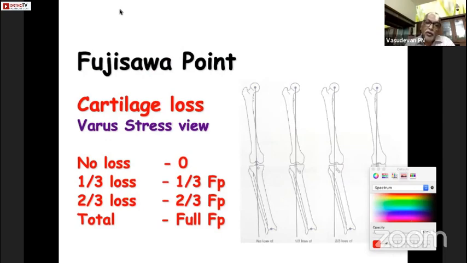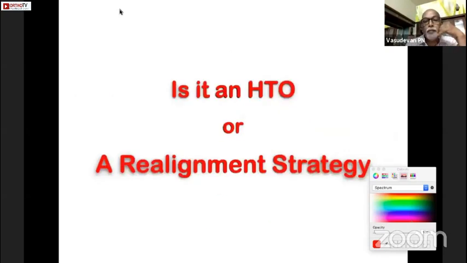When you don't have any loss, the cartilage is very good, you take it to the center of the knee joint. When you have 1/3 loss of the cartilage, you take it to 1/3 of the Fujisawa point. When 2/3 is lost, you take it to 2/3 of the Fujisawa point. When bone on bone, you take it to the full Fujisawa point.